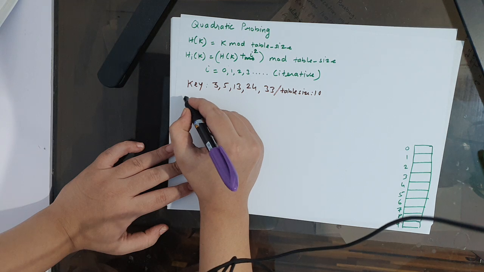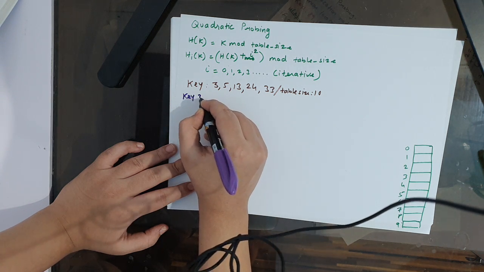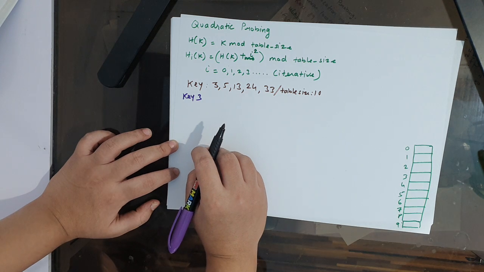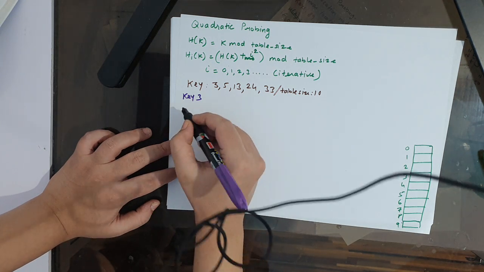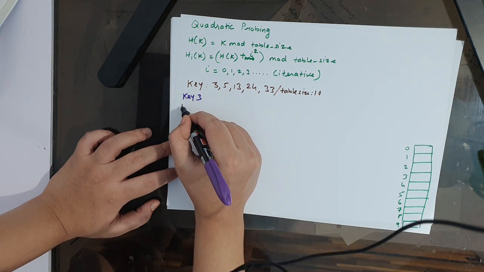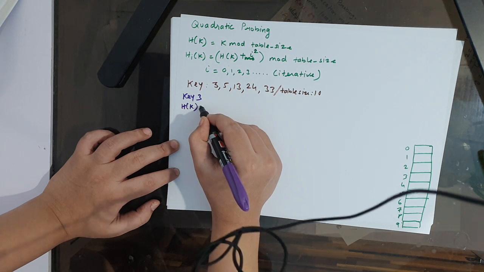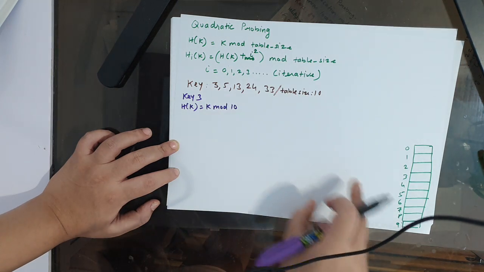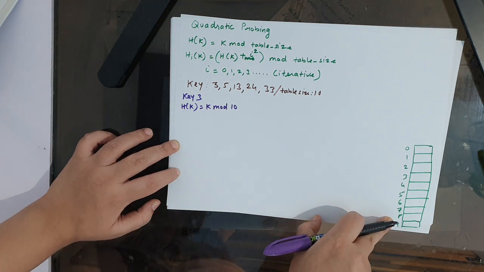The first key is 3. So let's find the hash function for 3, that is h(k). The first hash function is h(k) equals k mod 10, because the size of the table is 10.